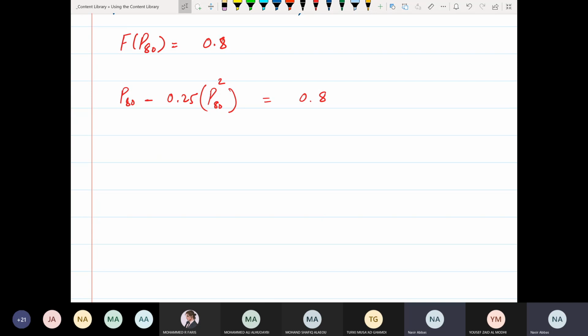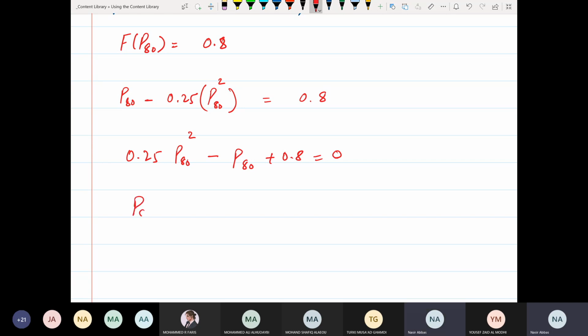This is a quadratic equation. So let's take everything to the right side. It will be 0.25 times P80 square minus P80 plus 0.8 equal to 0. Now this is a quadratic equation.